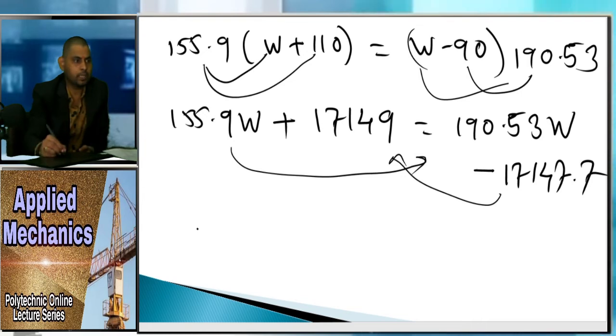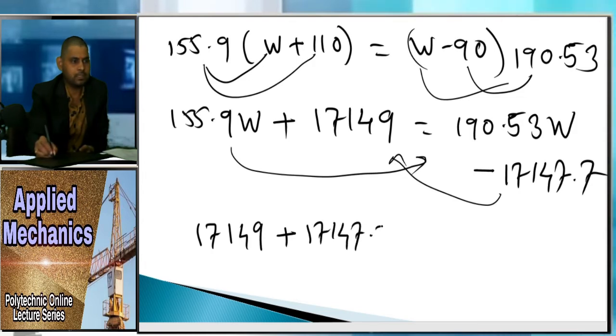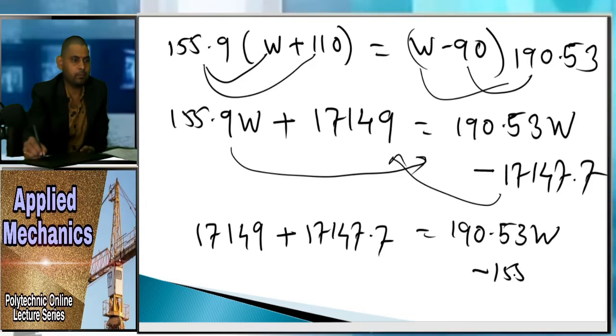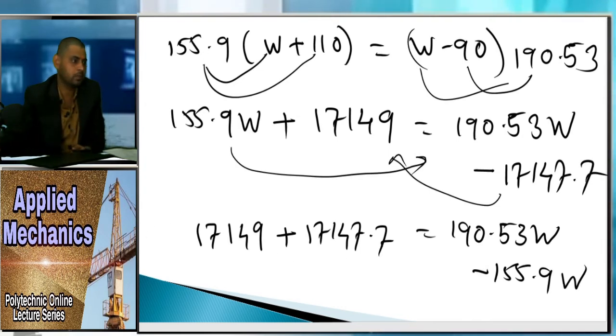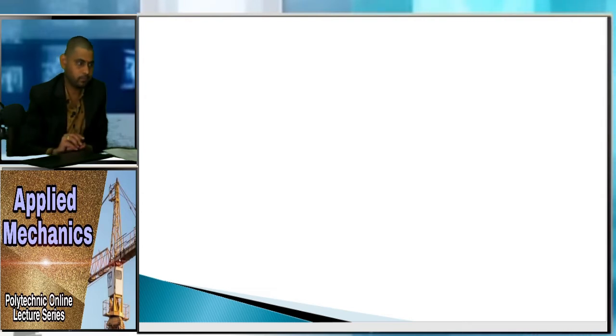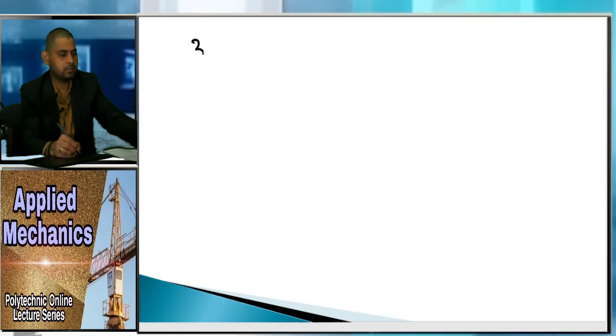So you will get the equation like this: 17149 plus 17147.7 is equal to 190.53 W minus 155.9 W, right? Now do the calculation of this term.